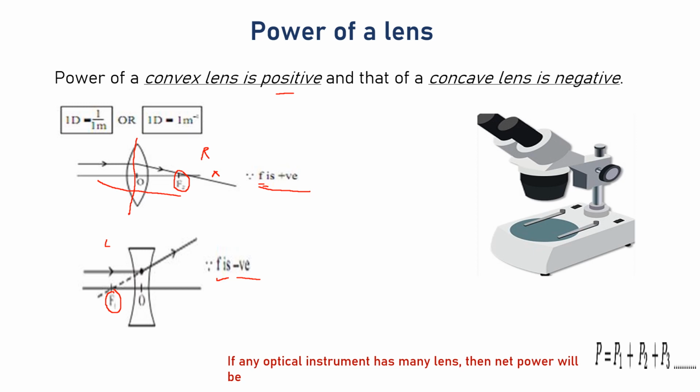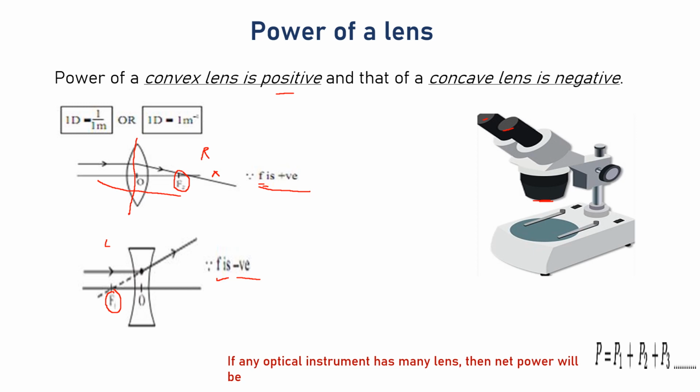Now, if any optical instrument has many lenses, I have shown one optical instrument here. I think you can identify this. What is this, children? A microscope, right? There is a lens over here, and there is a lens over here also. So why are we using two lenses here? A very conceptual question. If you are using more than one lens, 2, 3, 4 lenses, you are going to get a sharper image.